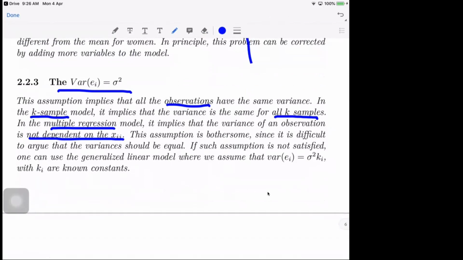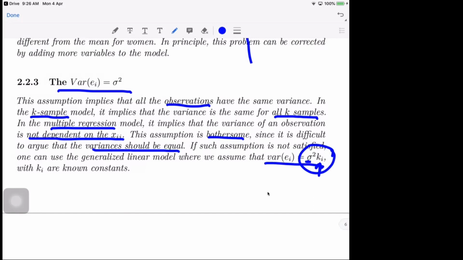This assumption is bothersome since it is very difficult to argue that the variances should be equal. If such assumption is not satisfied, one can use the generalized linear model where we assume the variance of Ei to be equal to some non-constant k sub i.